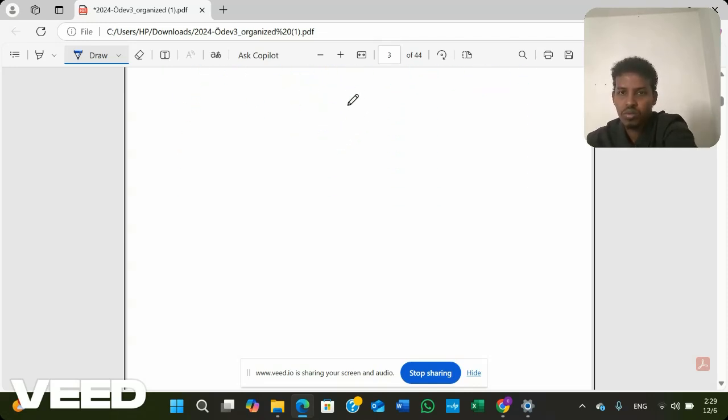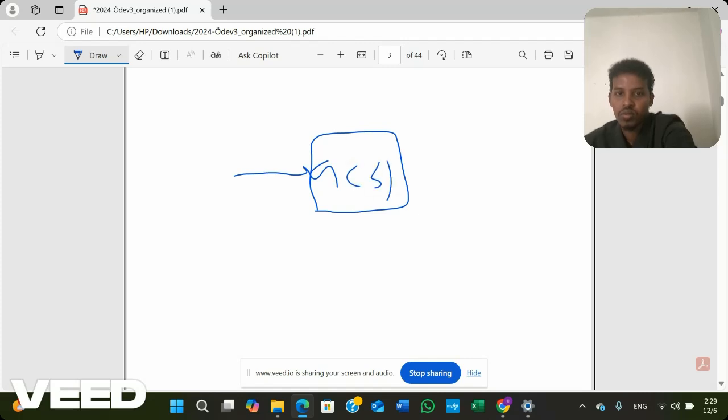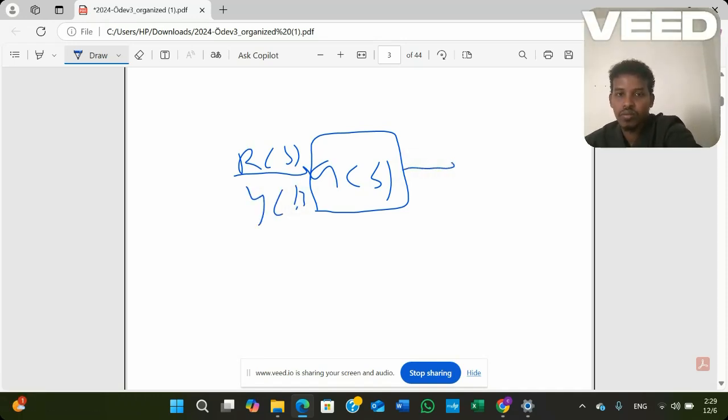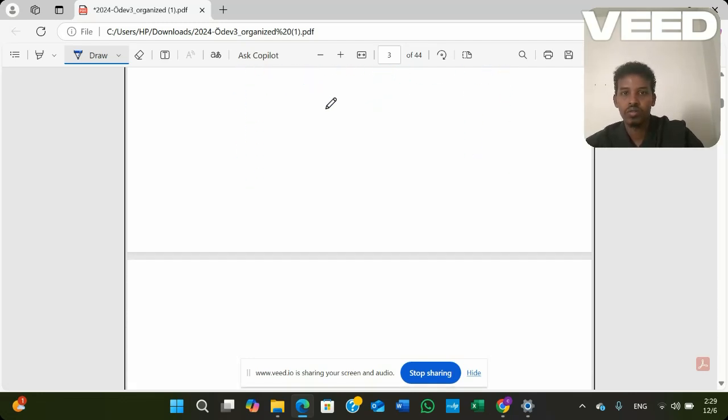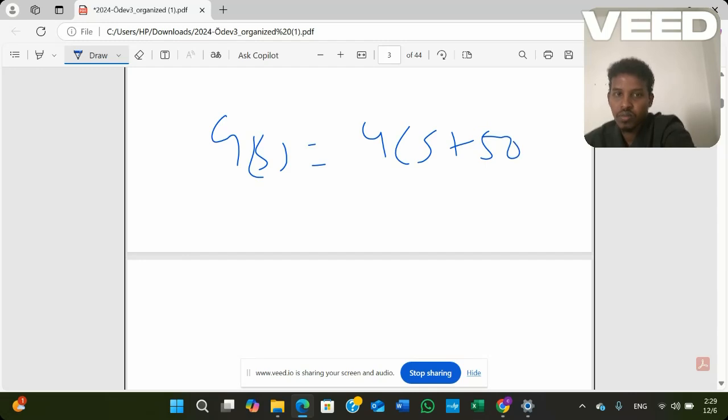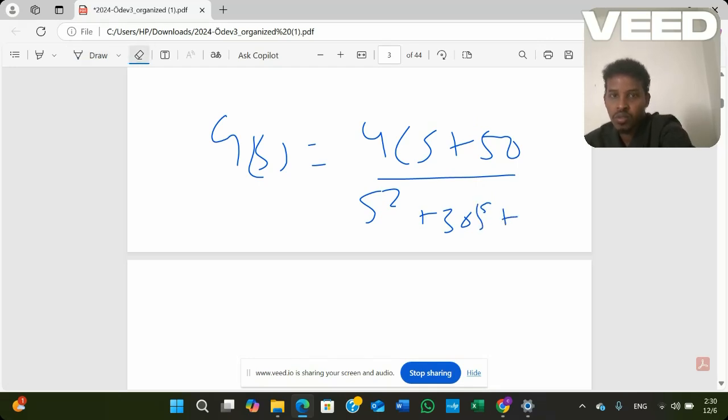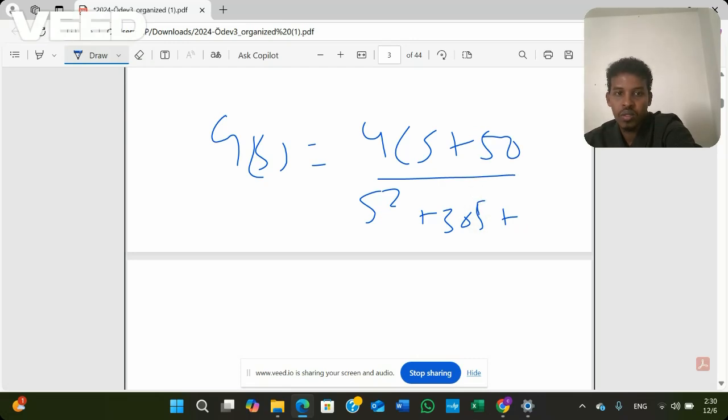First of all, I go for this. Then G(s) is equal to (4s + 50) over (s squared + 30s + 200), and R(s) is equal to 1 over s.